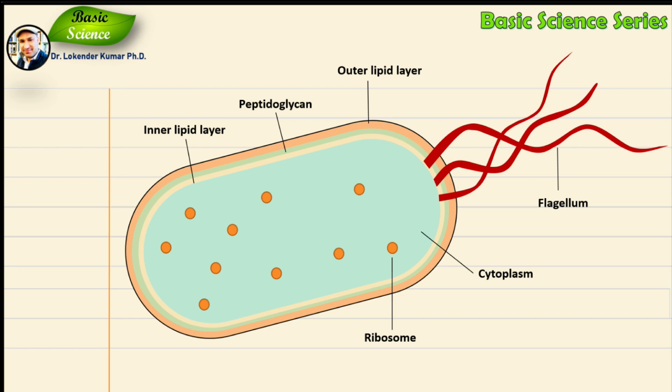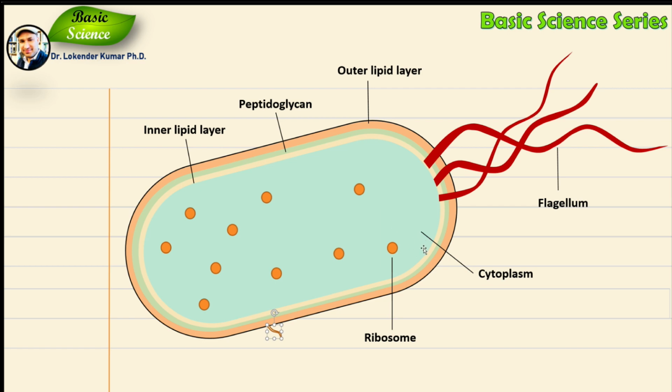Pili. So pili are basically hair-like structures that are present on the surface of the bacterial cell, and they are tiny, smaller than the flagellum.